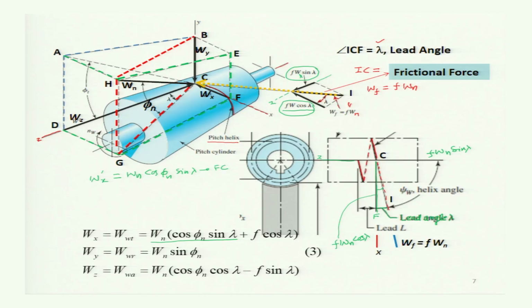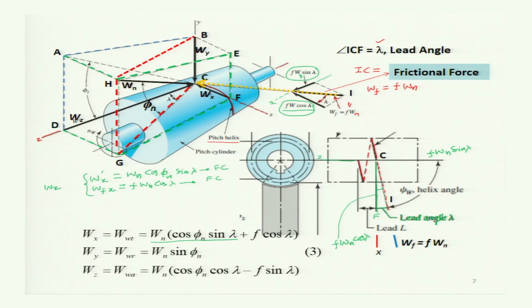Well, this was the direction of Wx, which is shown here. And the friction force which is acting in the direction of x is also acting in the same direction as this Wx was, from F to C. So the component of Wf in the direction of x is equal to Fwn cos of the lambda, and it is also acting from F to C. So total force in the direction of x, considering friction, will be the summation of these two, because both are acting in the same direction.